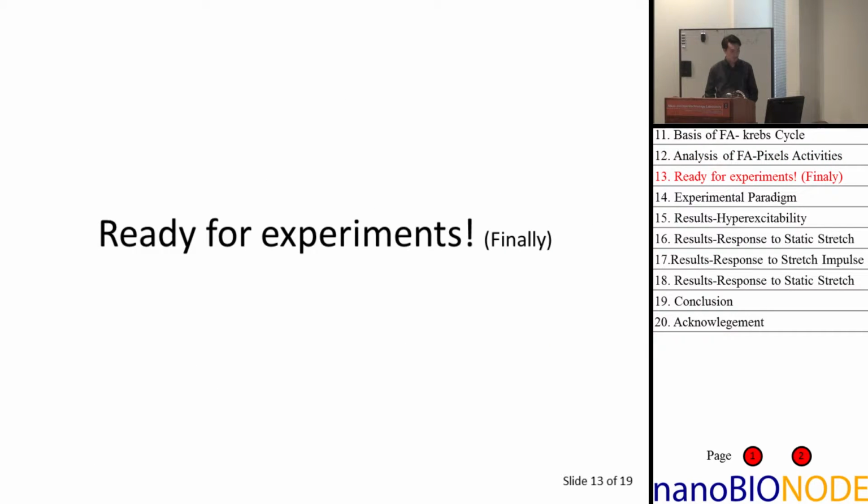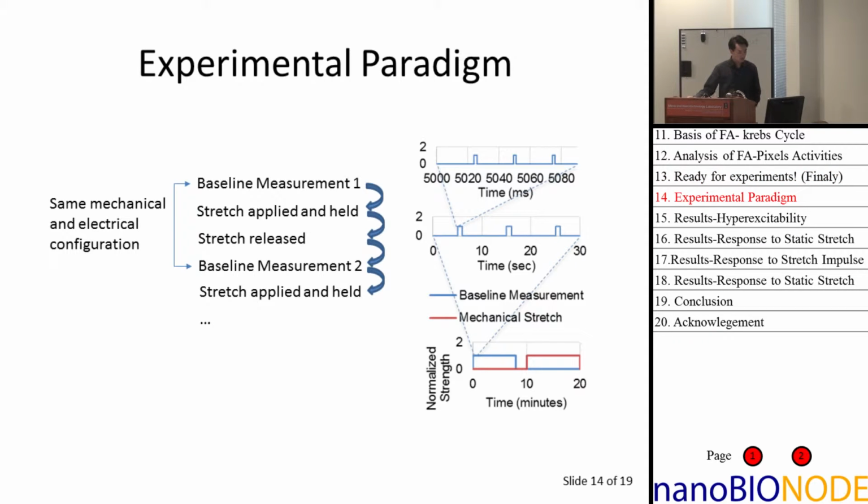So finally, we're ready for experiments after all of this, and I have 10 minutes left. So I would like to comment a little bit on the experimental paradigm first. What we do is we do a baseline measurement first in the beginning. A baseline measurement means that the slice is mounted on the device, the camera and everything is ready.